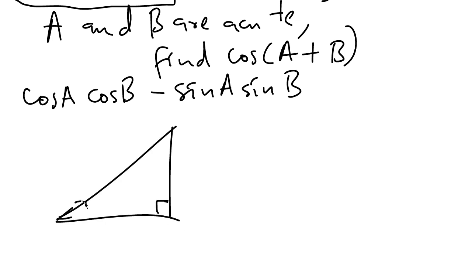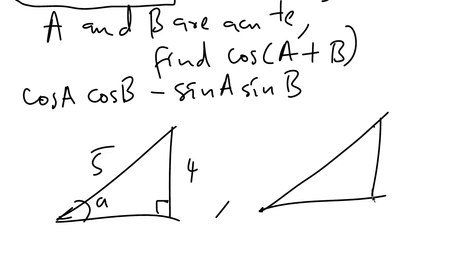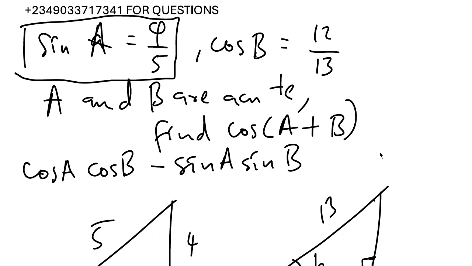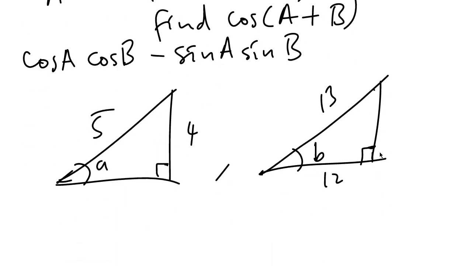Since sine A, this is the angle A, is opposite over hypotenuse, that's for sine A. And then for cos B, we had that it's 12 over 13. That's adjacent. Let's call here B and then 13, right? And then using Pythagoras theorem, we can get this side. Here will be 3, here will be 5.